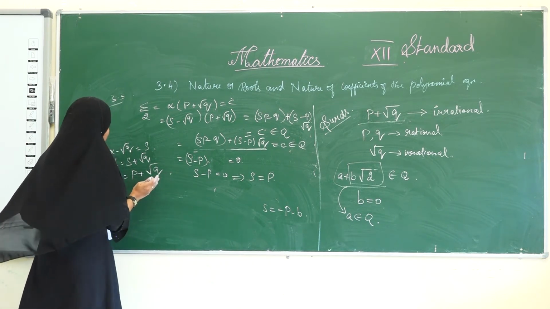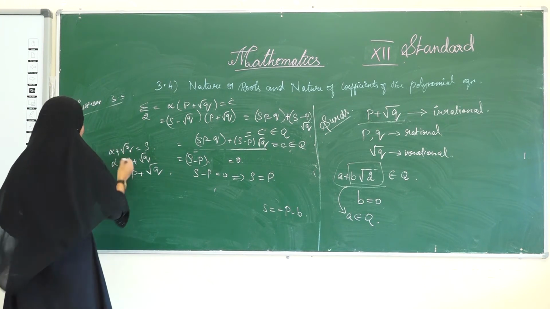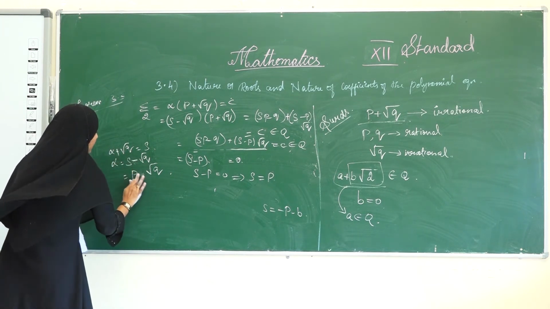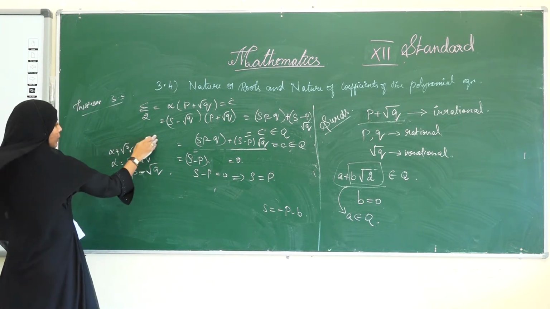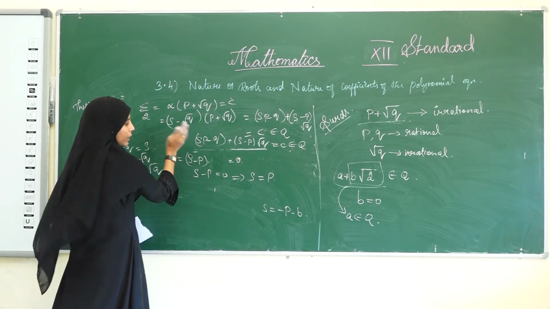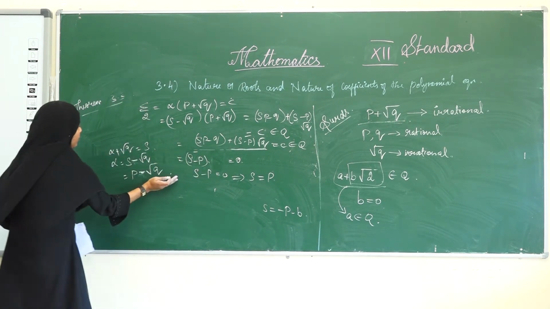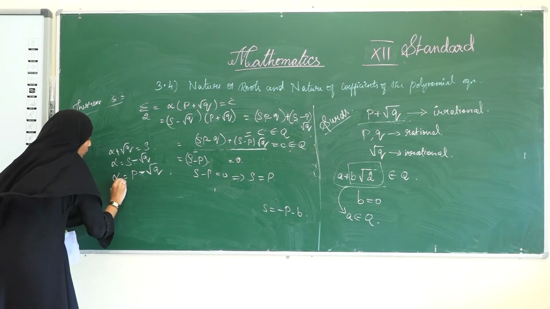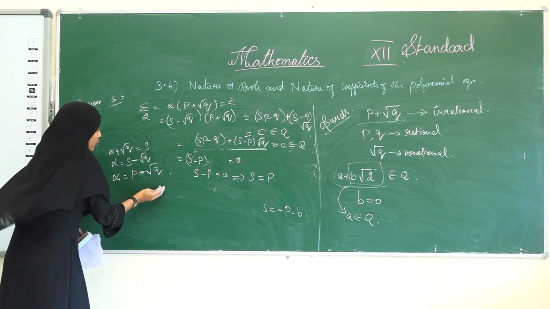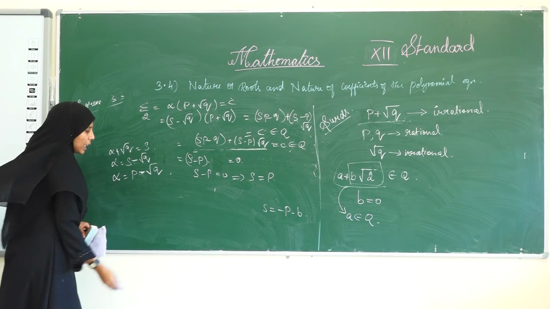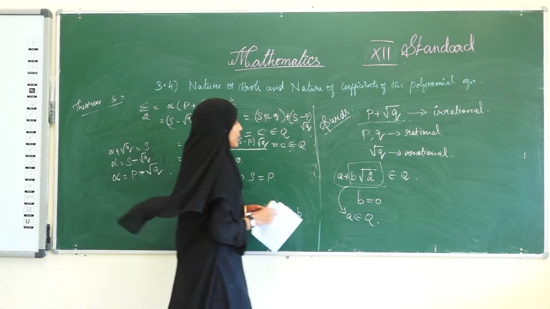In the question they have given p plus root q as a root. Now we have found that another root alpha is p minus root q, therefore definitely p minus root q is also a root of the quadratic equation.